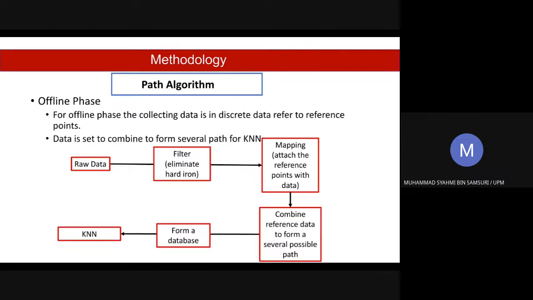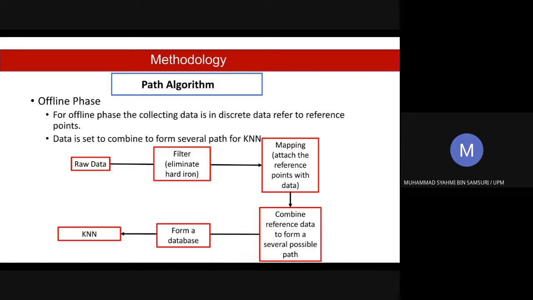Right. So next is the path algorithm. For the offline phase, the collected data is discrete data, referring to the reference points. The objective of the offline phase path algorithm is to combine the reference points and form several paths for the KNN algorithm.